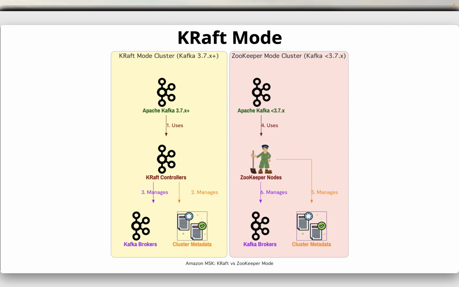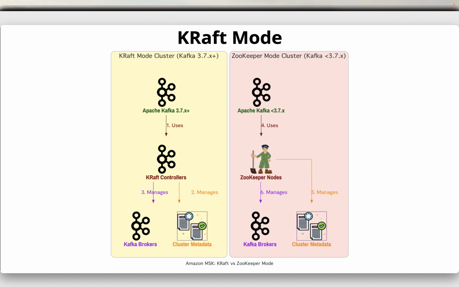Amazon MSK introduced support for KRaft, which is Apache Kafka Raft, in Kafka version 3.7.x onwards. The Apache Kafka community developed KRaft to replace Apache Zookeeper for metadata management in Apache Kafka clusters.